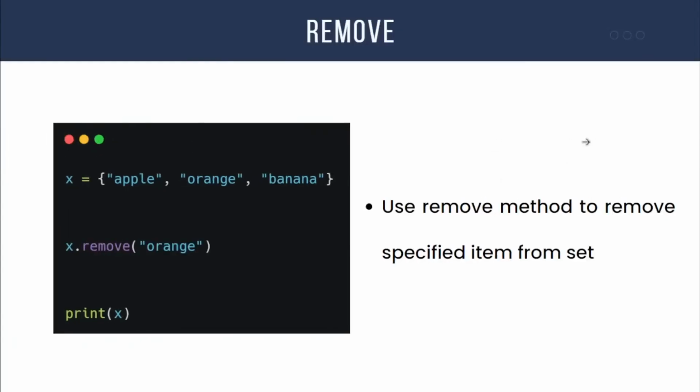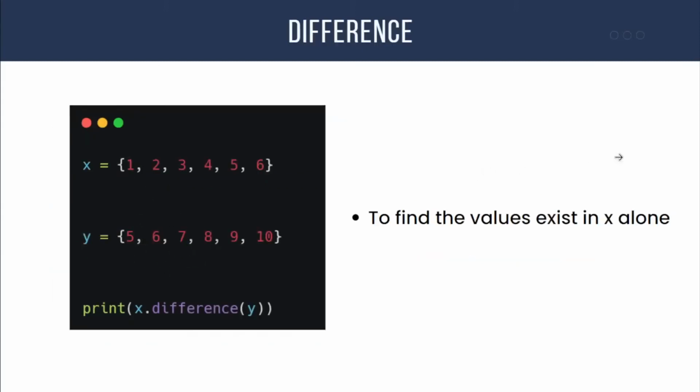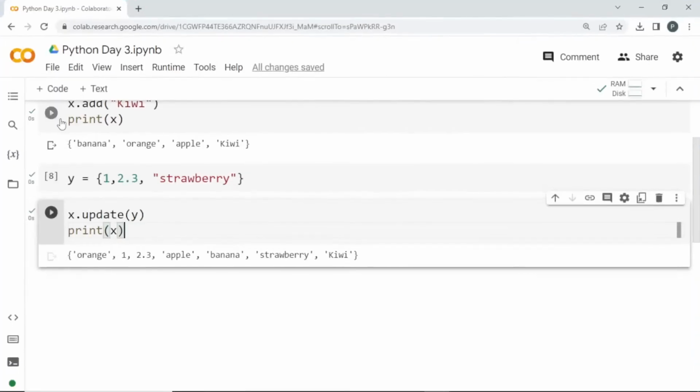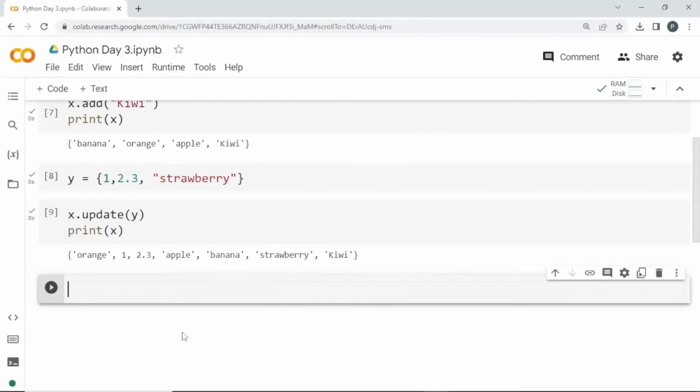Okay. And we have seen how to add and update. The next one will be removing an element. So if you want to remove any specific element, you can use this dot remove. This is similar to a list. You can use dot remove and specify the name of the element. So that thing will be removed from your set. We'll try to do that. So now in X we have these things, right? I'll call X to remove kiwi.